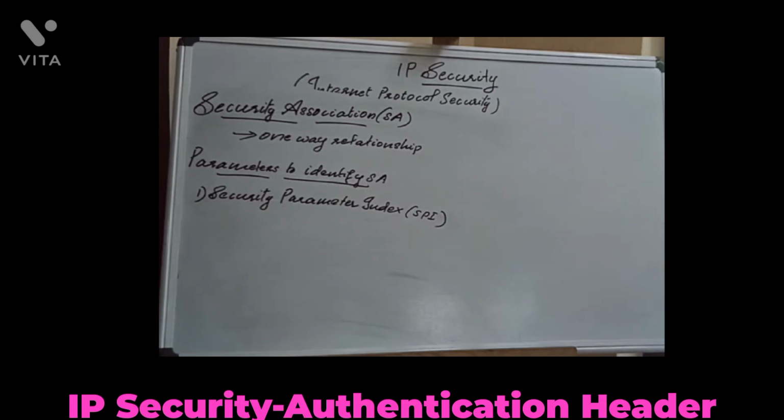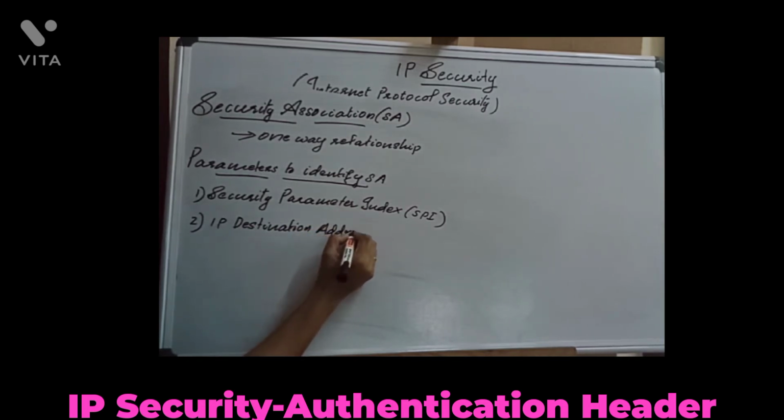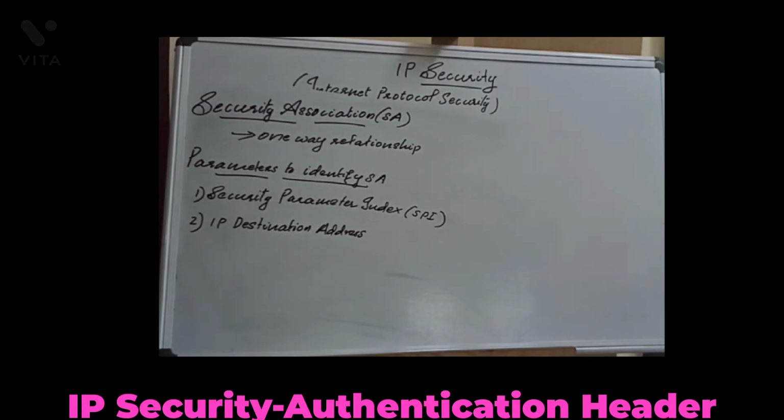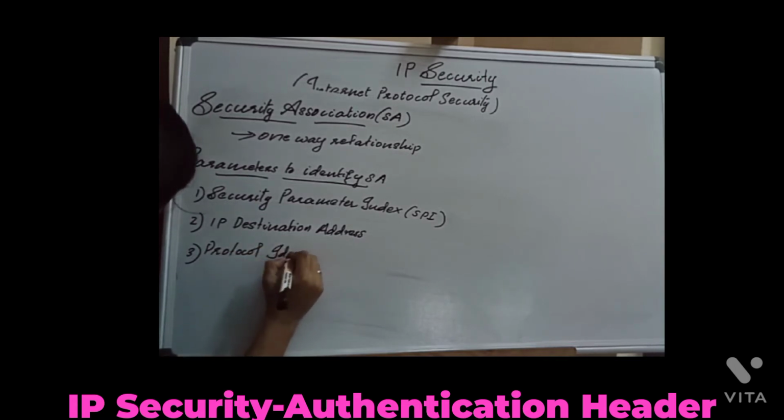Next one is IP destination address. That means the receiver's address where the messages have to be sent. Third one is protocol identifier.